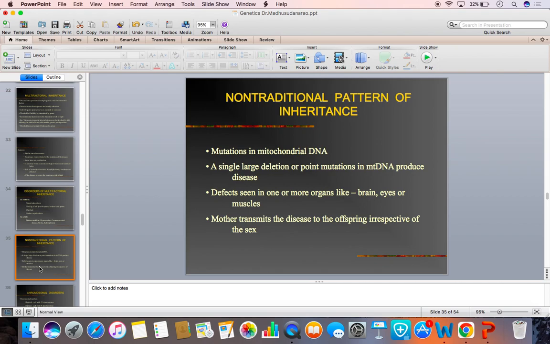What is a non-traditional pattern of inheritance? A single large deletion or point mutation in DNA produces the disease. Defects are seen in one or more organs like brain, eyes, and muscles. The mother transmits the disease to the offspring irrespective of sex. These mitochondrial disorders are transmitted by mothers to the offspring.